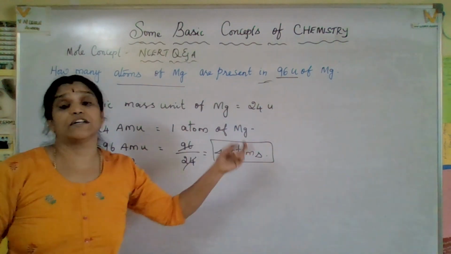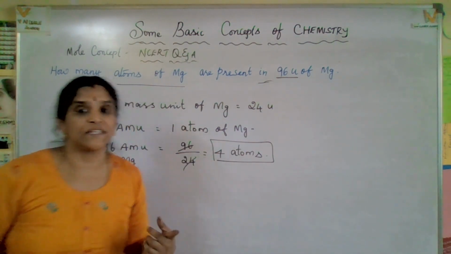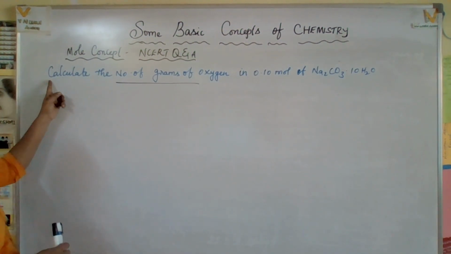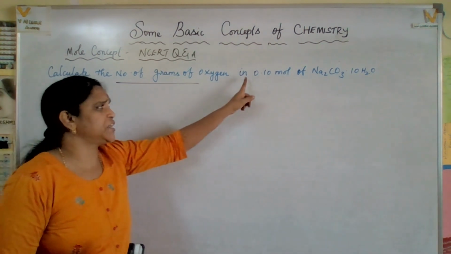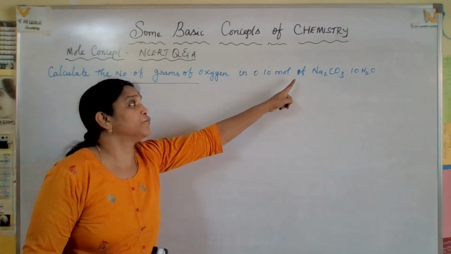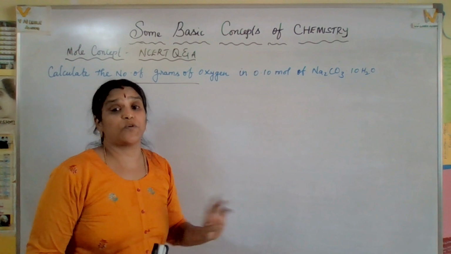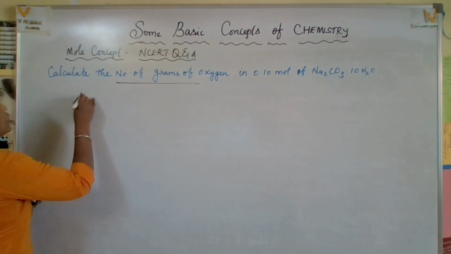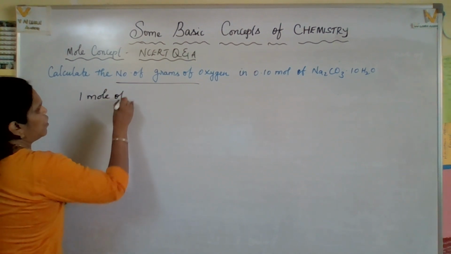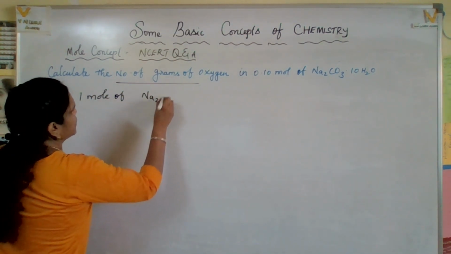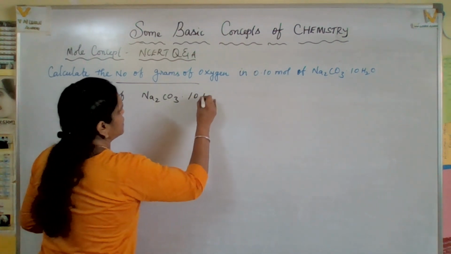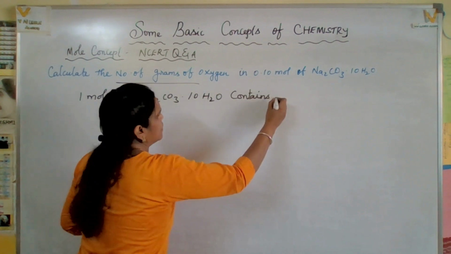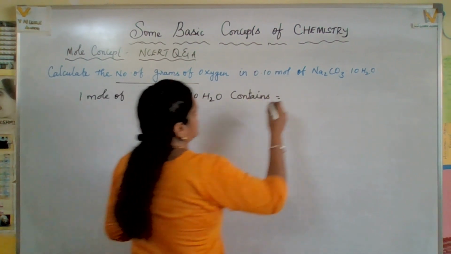Come on, let us go for some more interesting and important questions. The next one, an easy and interesting question. Calculate the number of grams of oxygen in 0.1 mole of sodium carbonate 10H2O crystalline salt. Okay, now let us identify this. 1 mole of sodium carbonate 10H2O contains how many moles of oxygen in it?